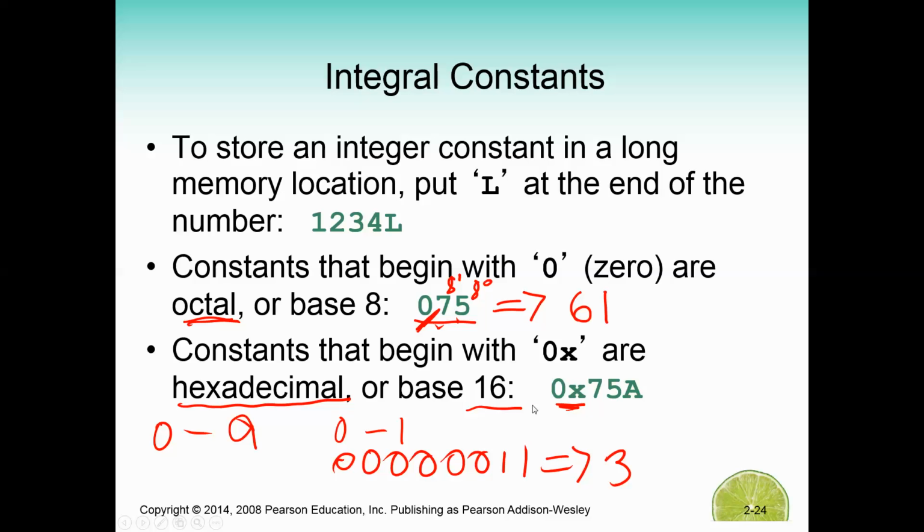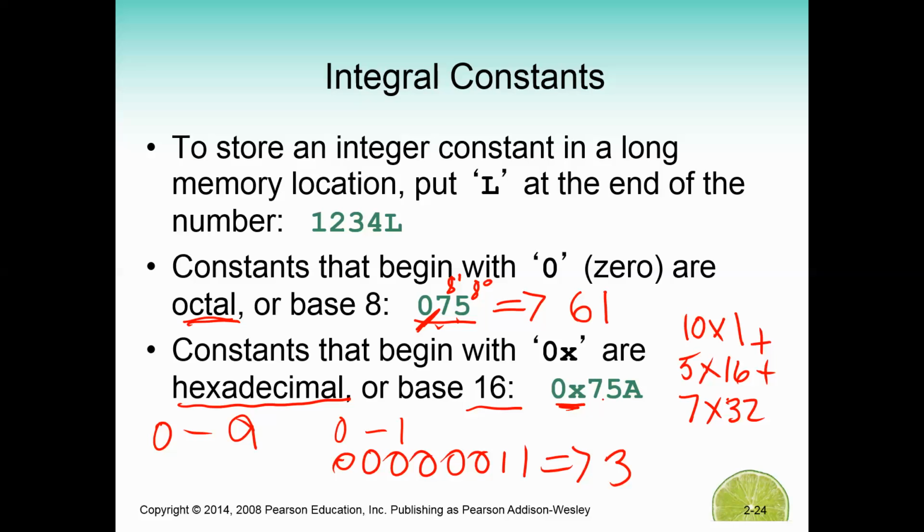This number, what it really is, is 10 times 1 plus 5 times 16 plus 7 times 32. That's what the number is. So it's not really a 758.